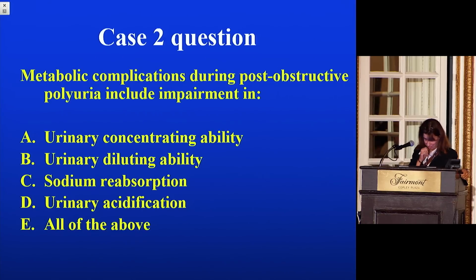It's a remarkable case. So what are the metabolic complications during post-obstructive polyuria? They include impairment in urinary concentrating ability, diluting ability, sodium reabsorption, acidification, or all of the above. And the answer, which is basically on the previous slide, is absolutely all of the above.